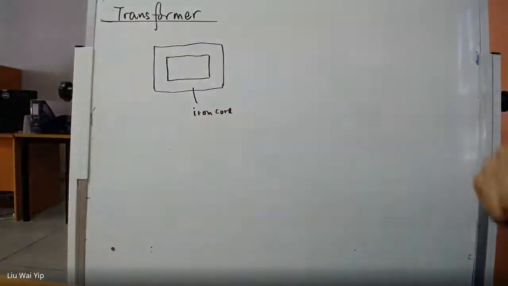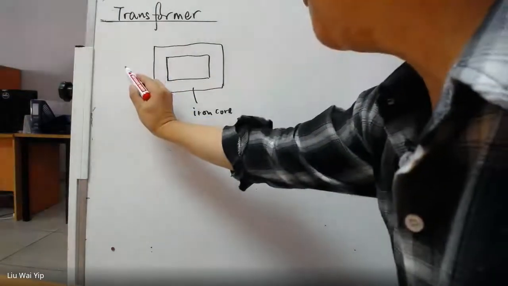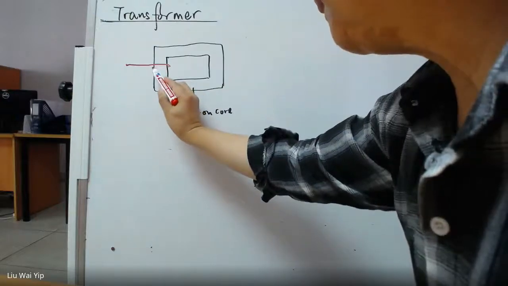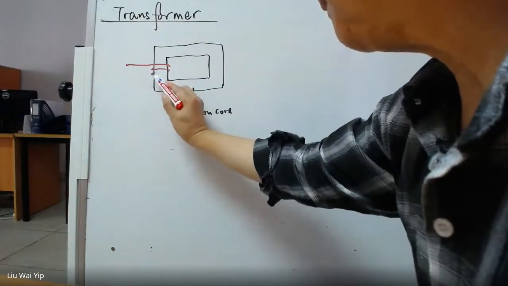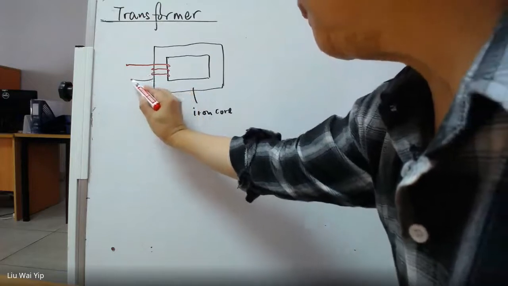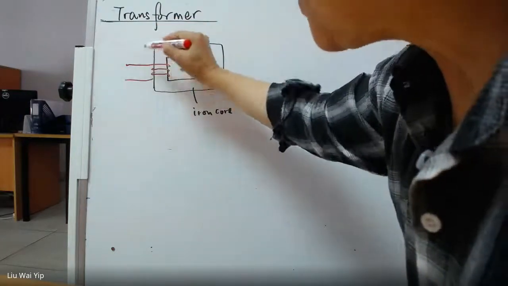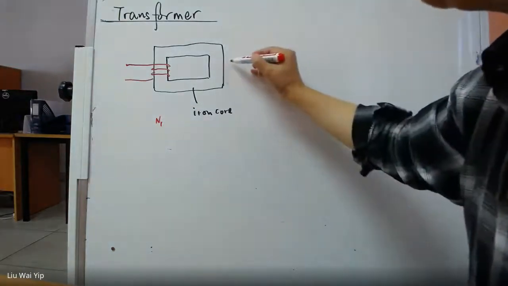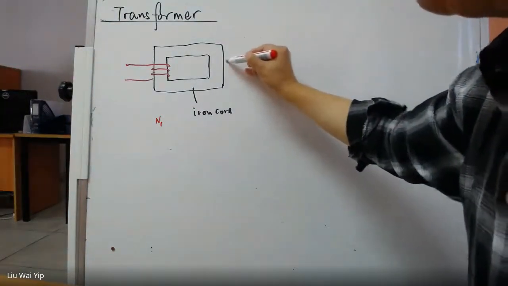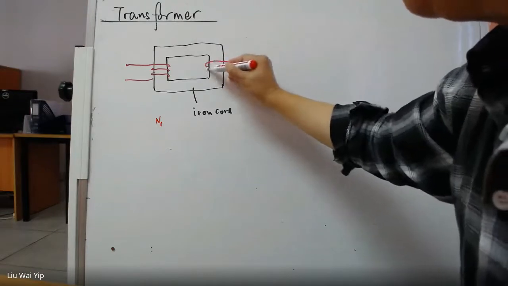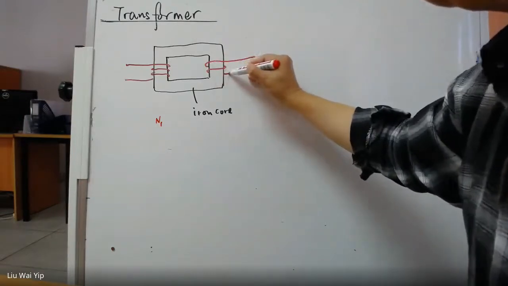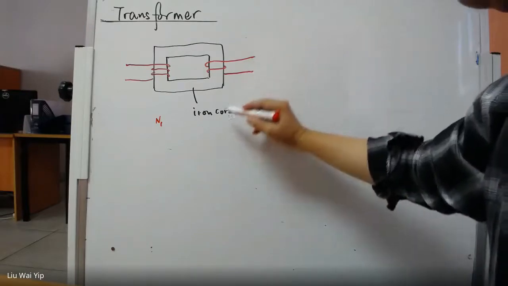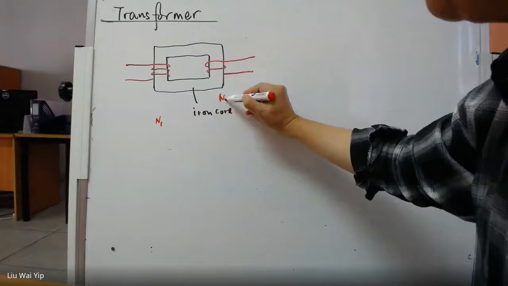And you have a winding in the primary side, and the winding here may be N1. Then you have a similar winding in the secondary side, and maybe the winding here is N2.